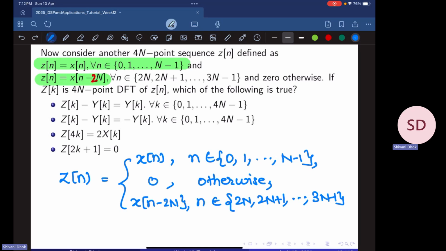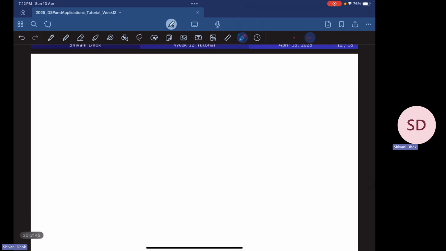So this is the z of n that is given to us. It says if Z of k is the 4N point DFT of this signal, then which of the following is true? We have these 4 options, which are trying to figure out the relation between Z of k and Y of k. So let us try to do that quickly.